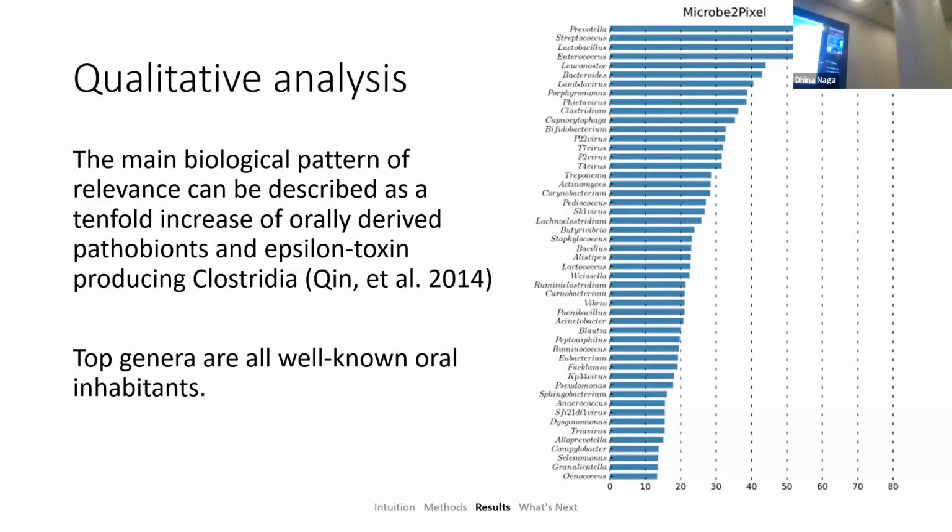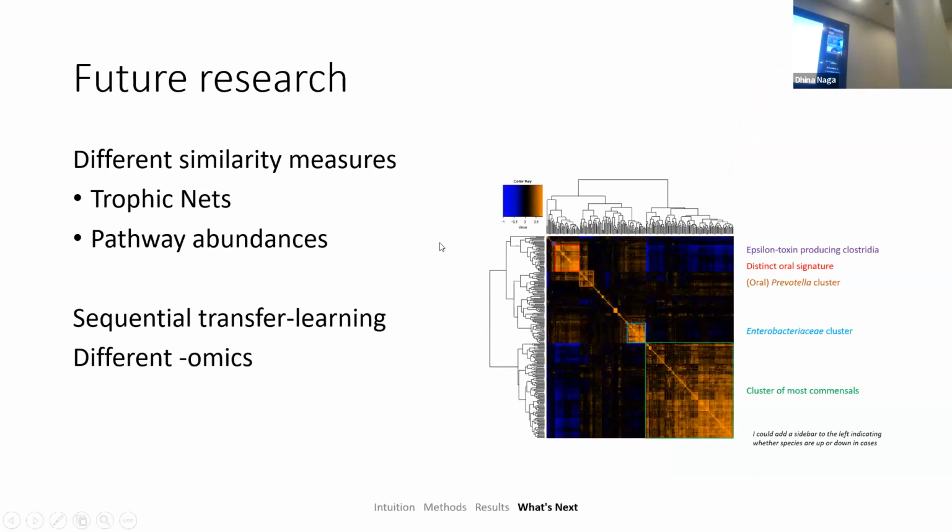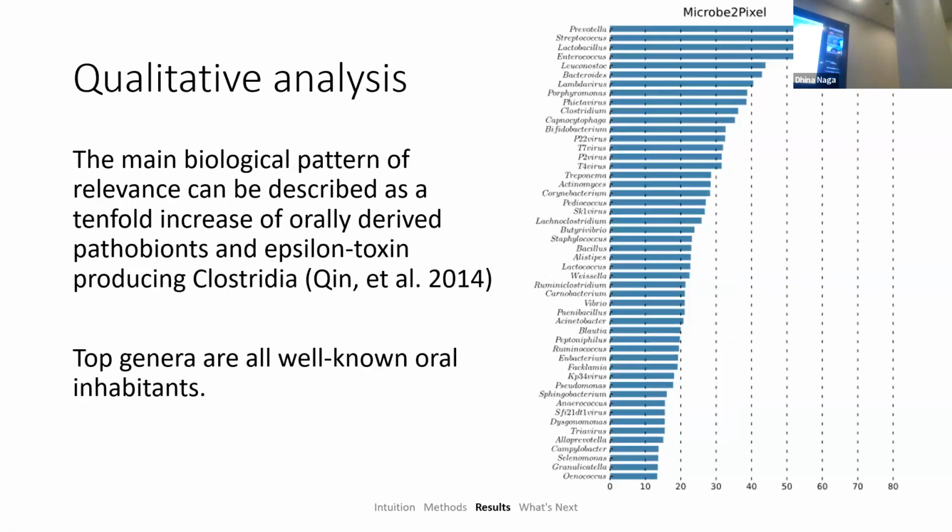What we really know is that the microbes in the stool become more like the microbes in the mouth in cirrhosis, and we can clearly see that these top genera, which you probably will not know, are very well-known oral genera. Not only are we more stable than the other methods, but we also feel that our feature importances align well to the already known biological pattern in literature.